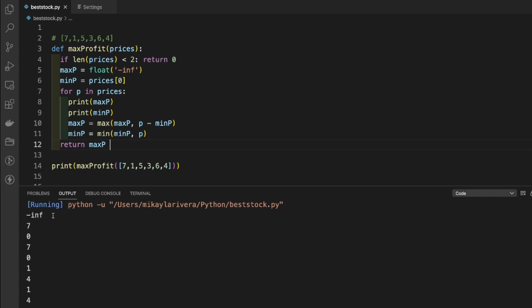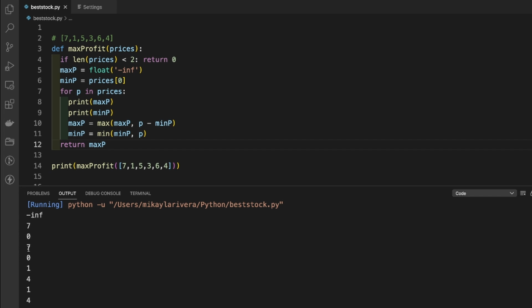This is the first round, which is max p equals negative infinity, min p is going to equal 7, and then our next is going to be, because 7 minus 7 was going to be equal to 0, that's our current max p here, which is 0. And then the next value is going to be our min p, which is min p versus p, which was 7. So that was our current minimum price, was 7.